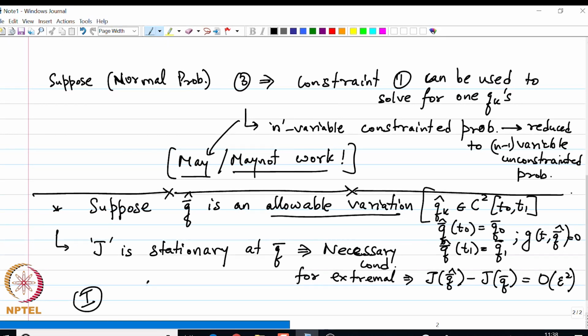We saw that this is true if the following integral constraint is satisfied.